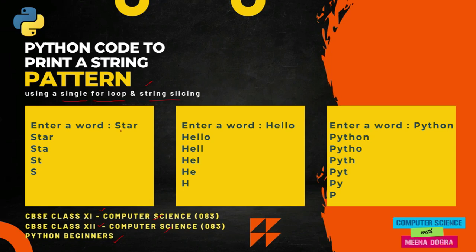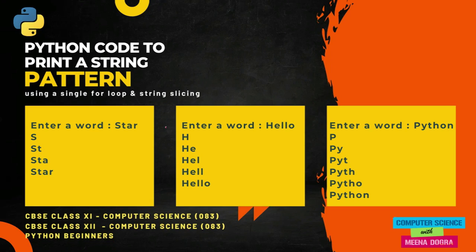Before I tell this pattern to you, let me quickly give you a recall of the pattern that we did last time. We started with a string, and then how did we display that string? We displayed it in such a manner that the first character of the string appeared in the first line of output, then the first two characters in the next line, then the first three characters in the next line, and then the entire string in the last line of output.